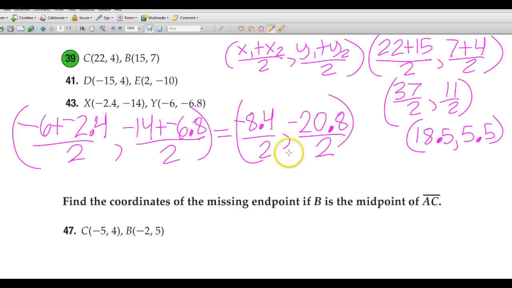So take half, and that would be -4.2 for the x-coordinate, and -10.4 for the y-coordinate.